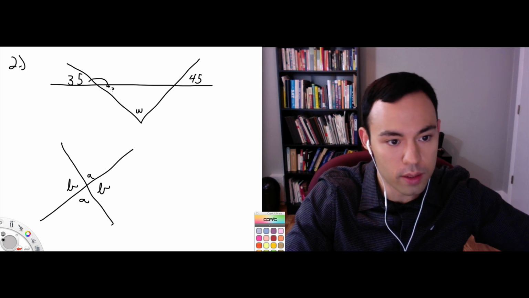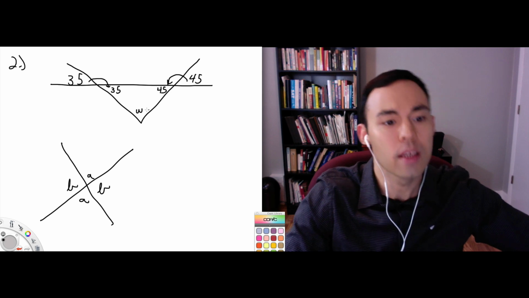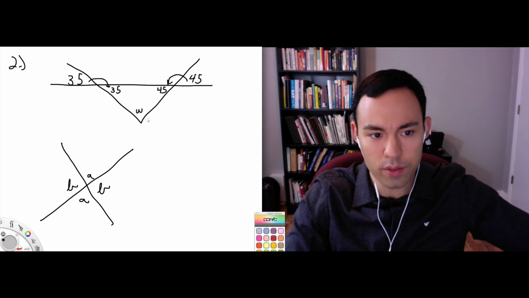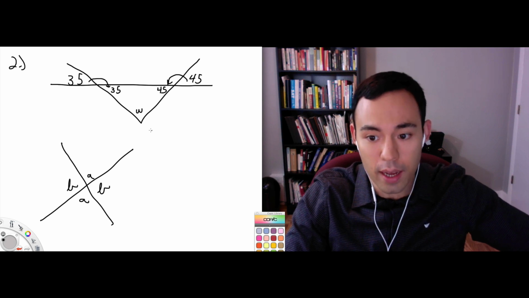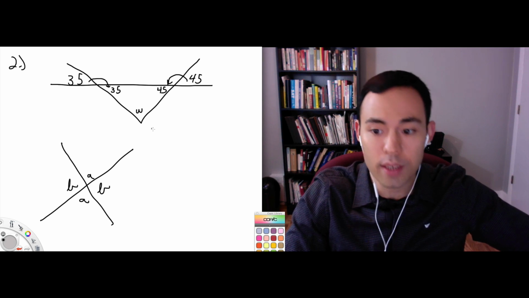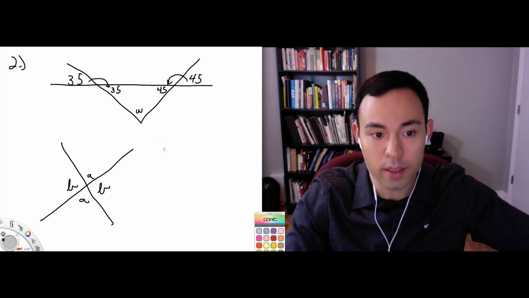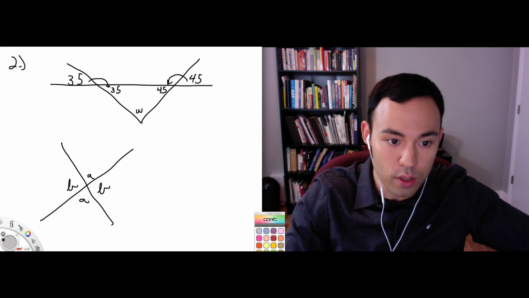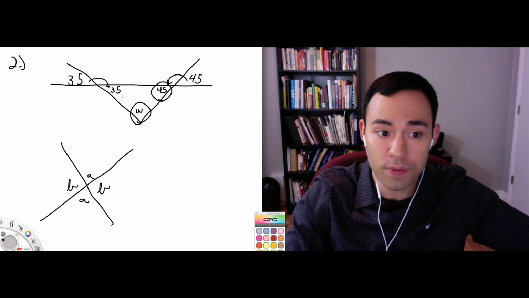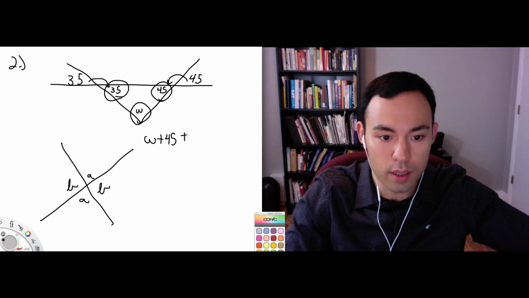Look at that. We got these opposite angles here, and we got these opposite angles here. Now check this out. Whenever you have a triangle on the SAT and you know 2 of the angles, you usually are going to have to utilize the fact that all the interior angles of a triangle add up to 180 degrees. So in other words, W plus 45 plus 35 is going to add up to 180.